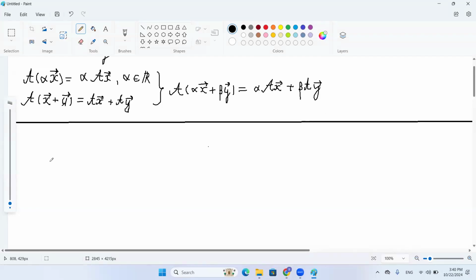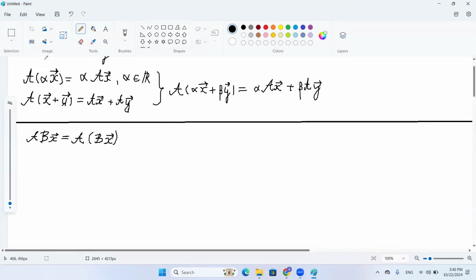So okay, I will write. The product of operators A and B by X means that firstly we apply operator B to X, and then we apply operator A. So it is the product.